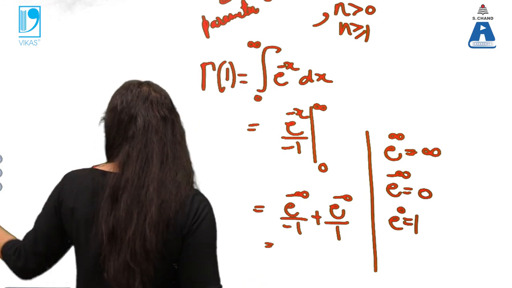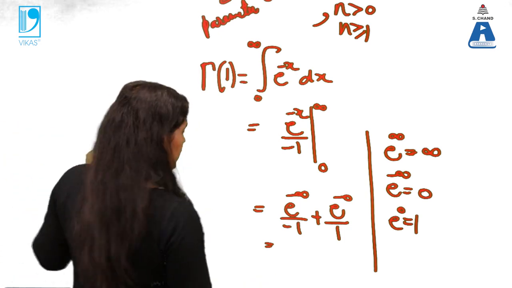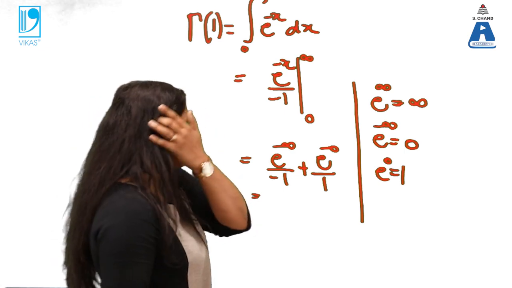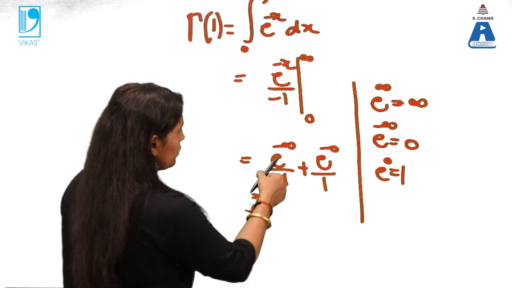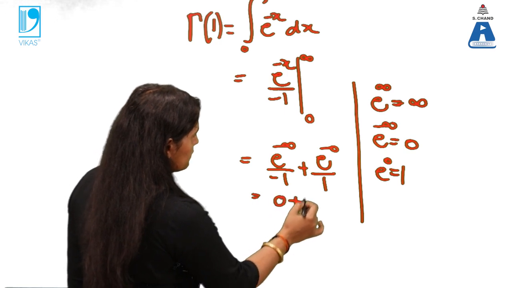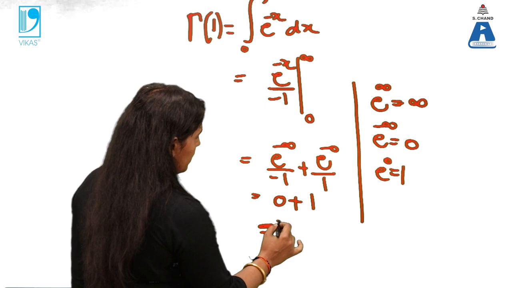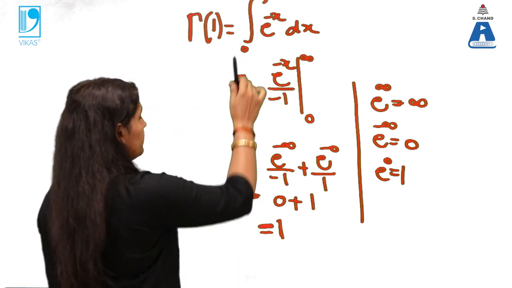If you know log values, you can calculate exponential values, and if you know exponential values, you can calculate log values. So e to the power minus infinity is 0, plus e to the power 0 is 1. Finally, we are getting the value of gamma 1 as 1.